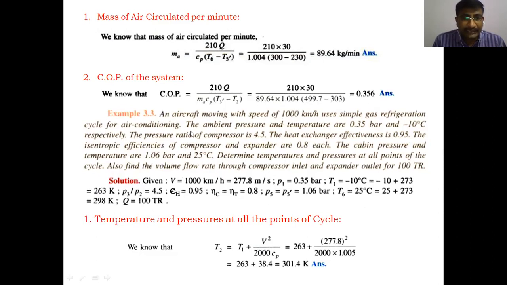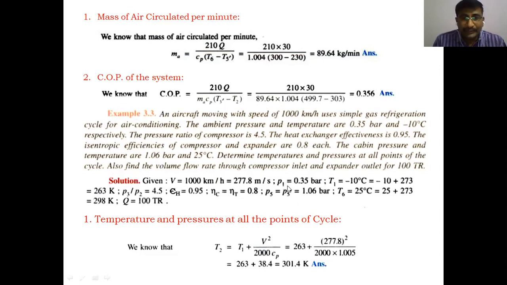Given data in the problem: velocity V is the velocity of the aircraft with which it is moving in the air, or the velocity of air entering the aircraft relatively, V equal to 1000 kilometers per hour. Converted into meters per second, 277.8 meters per second is the velocity of air with which the aircraft is moving in the air.